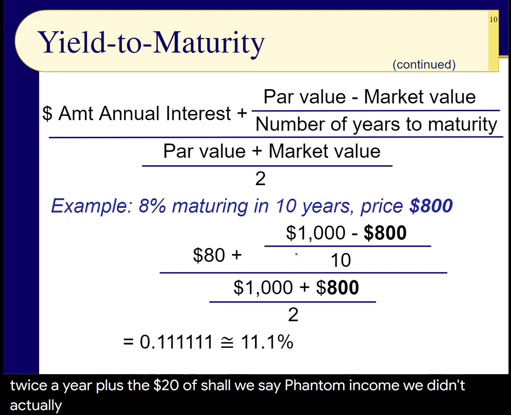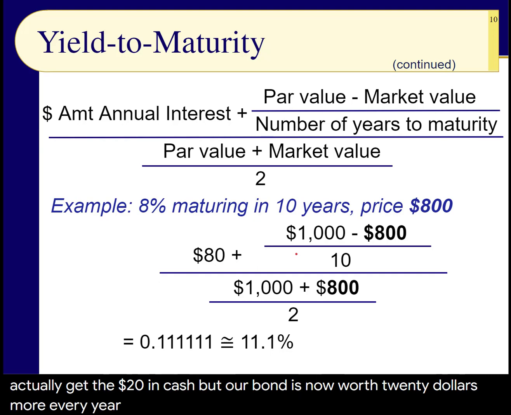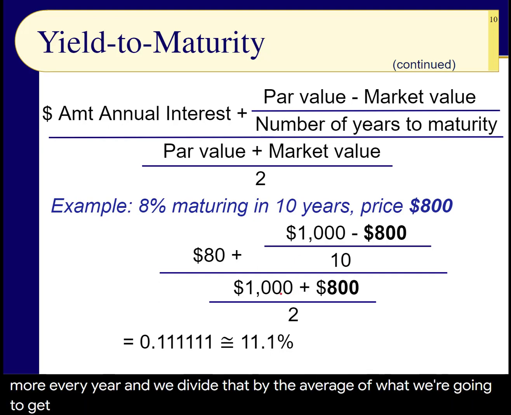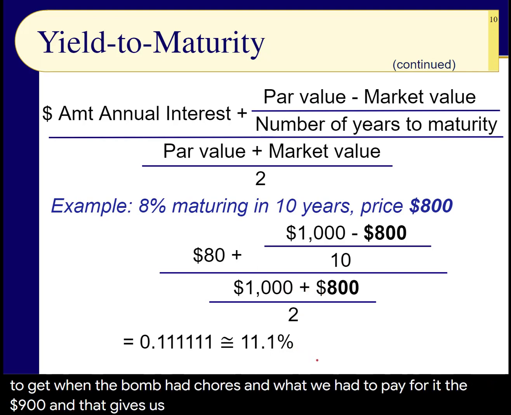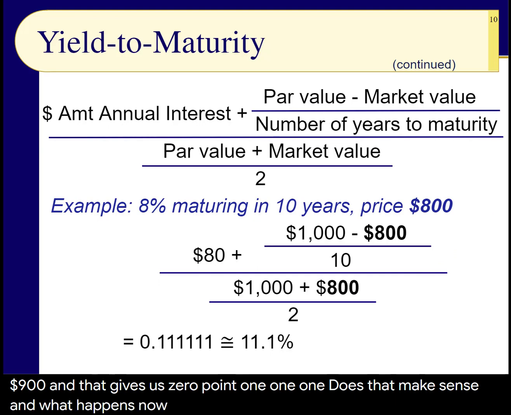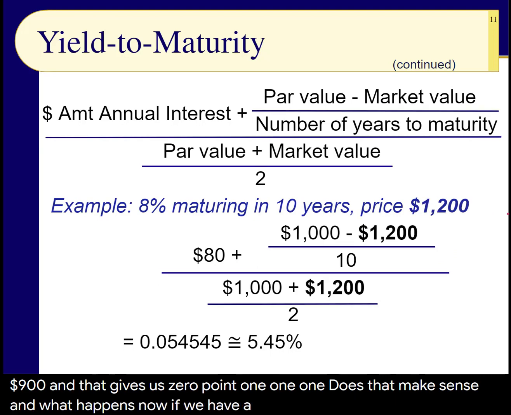We didn't actually get the $20 in cash, but our bond is now worth $20 more every year. And we divide that by the average of what we're going to get when the bond matures and what we had to pay for it, the $900, and that gives us 0.1111 or 11.1%. Does that make sense?